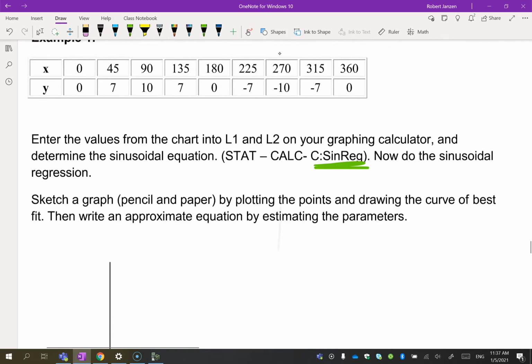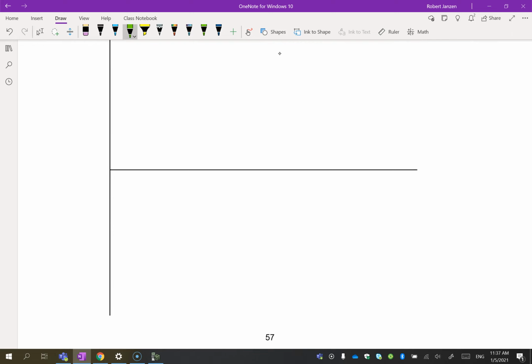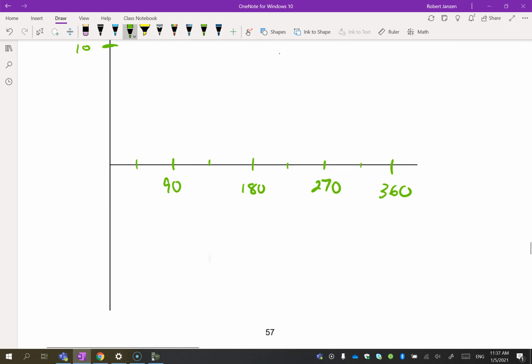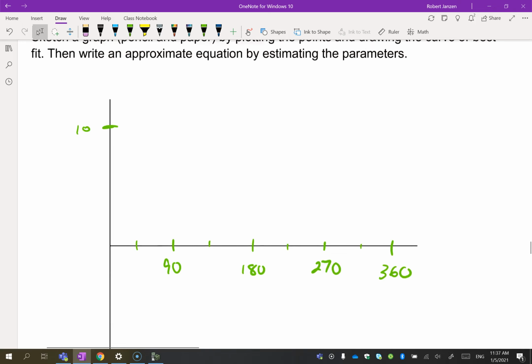Anytime you're asked to graph, actually use the data that it gives you. It says we're going from 0 to 360, so create yourself a scale here that looks something like this. Then it goes up to 10, and it goes down to -10, and then actually use the points.